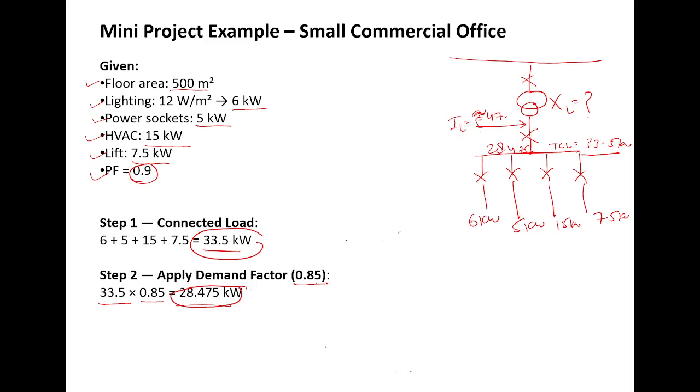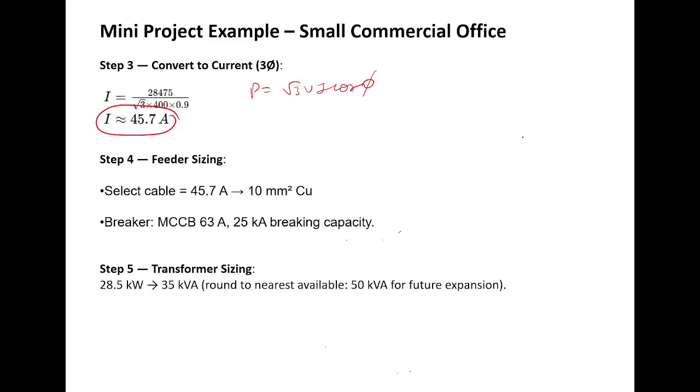Now what will be the size of this circuit breaker and this cable? So what I will do, I will calculate the feeder sizing. Feeder means cable including circuit breaker. So cable size will be, as you can see, I am considering 1 square mm cable. 5 amperes of current can be carried by 1 square mm of copper conductor.